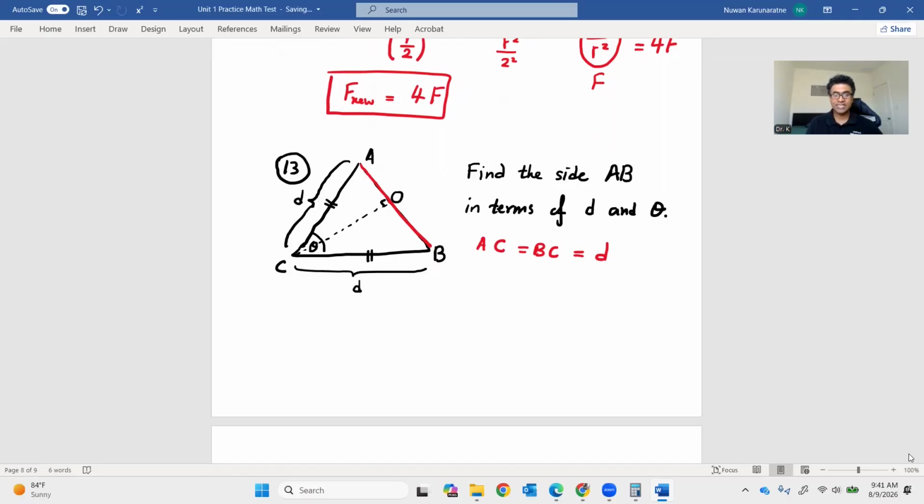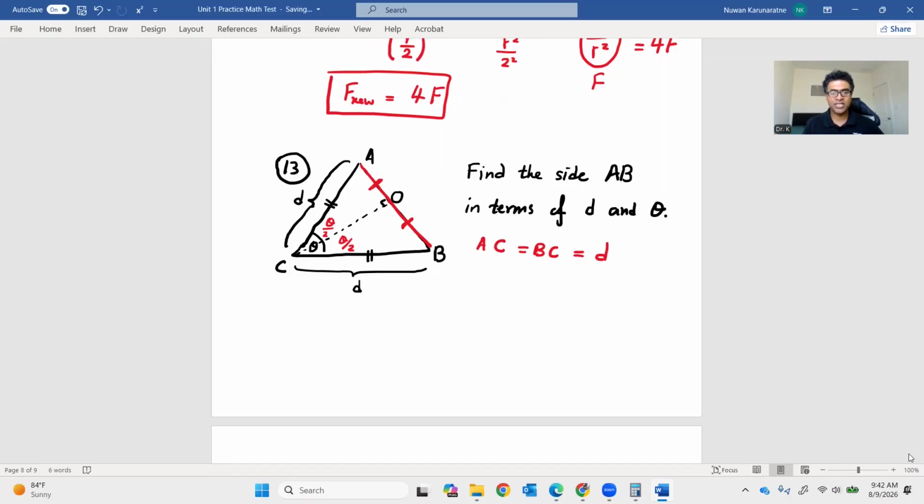That means this theta is going to get bisected by that perpendicular line CO. So here you will have theta over 2 and theta over 2. And also these two lines, AO and OB, are going to be the same.